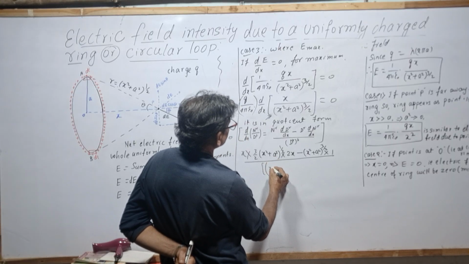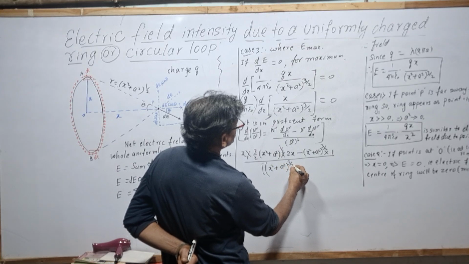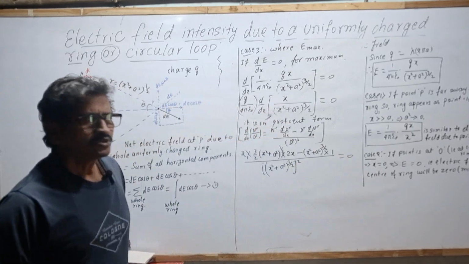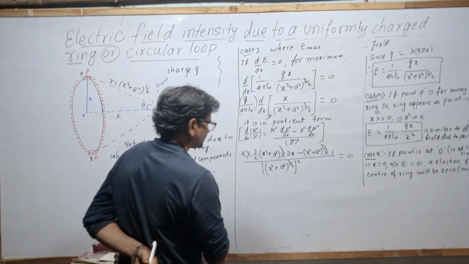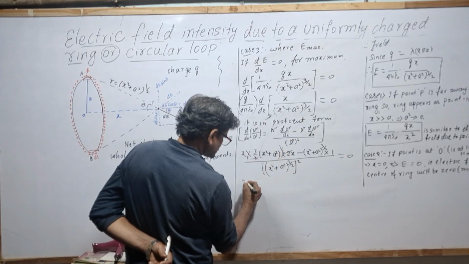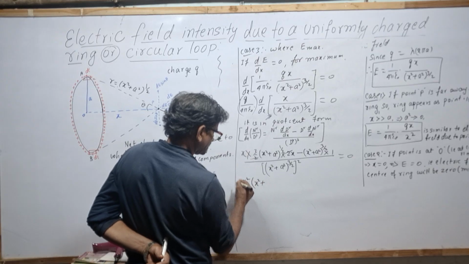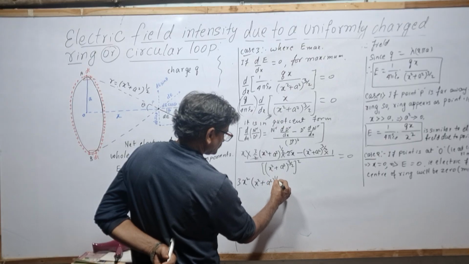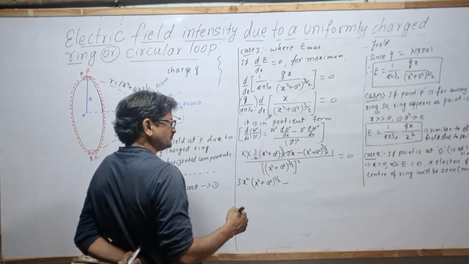That is x square plus a square to the power 3 by 2, whole square, equal to 0. I am showing here in detail. To avoid confusion, the 2 cancels, x into x square plus a square, 3 also will be there, to the power 1 by 2, minus, if you take that side, whole becomes 0.